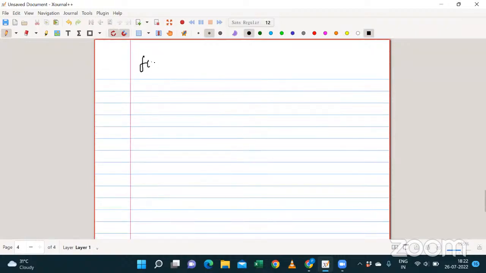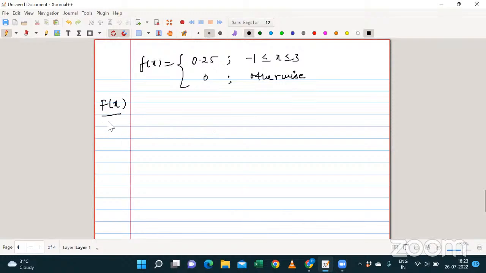We are given the PDF, which is nothing but 0.25 for minus 1 less than x less than 3, and 0 otherwise, right? Now, the question is we have to find the F of x, the CDF, right? CDF is what? You know, the probability of x less than or equal to x is called the CDF. Yes, sir.